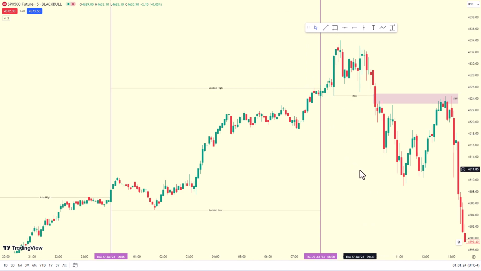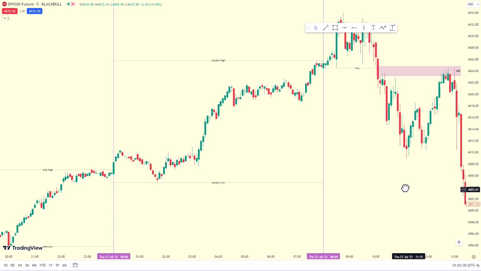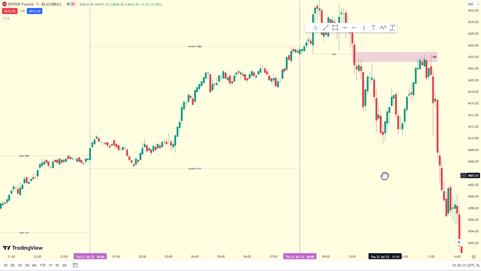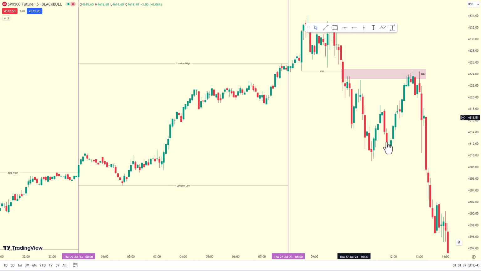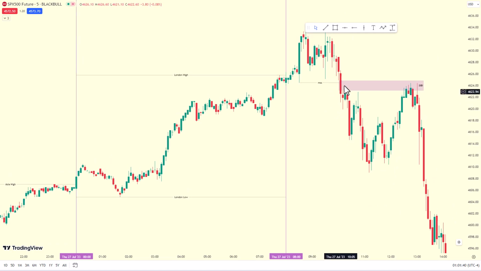Watching to see if we can clearly tell that we purged London low, and as price printed later in the PM session, we also purged Asia low at this point. So this is essentially the entry mechanism that I'll be taking. We did not get an order block entry in this example, but we did get a perfect fair value gap entry, a CB, at that point.